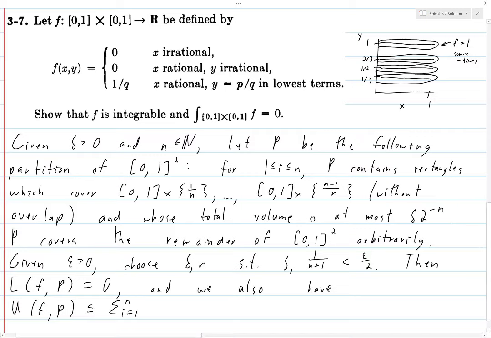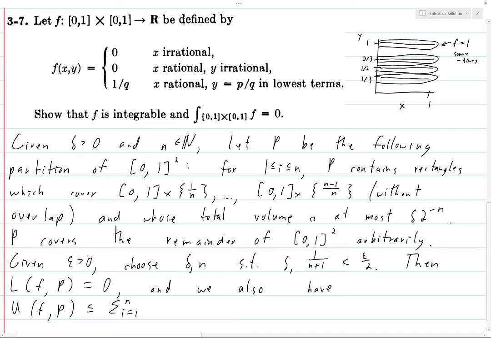We want to sum up the supremum over these rectangles times their volumes. So these are the rectangles. Let me think about this. Did I mess something up here?